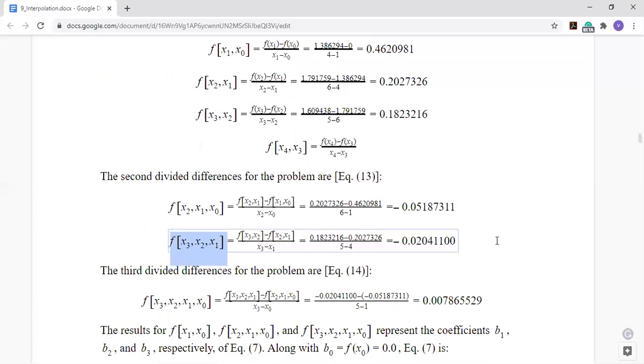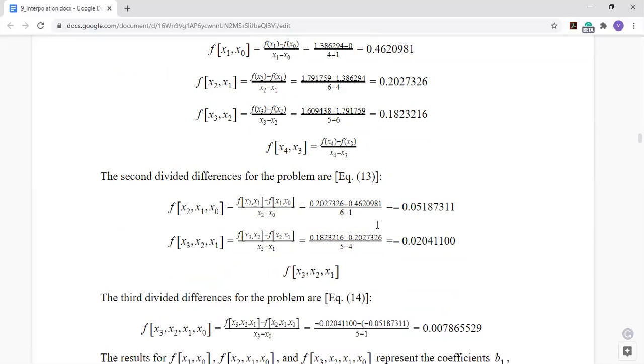So similar to what I asked, if it was a fourth order polynomial I wanted to get, we're going to need this value and this value. So what is going to be the equation for this?